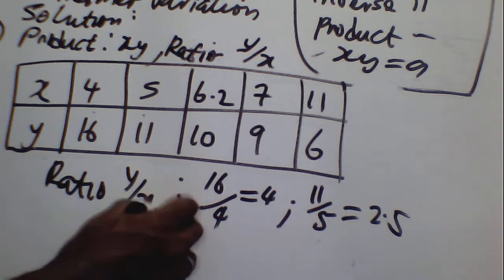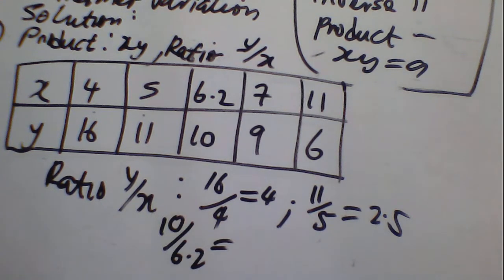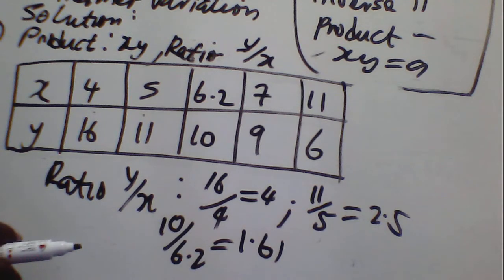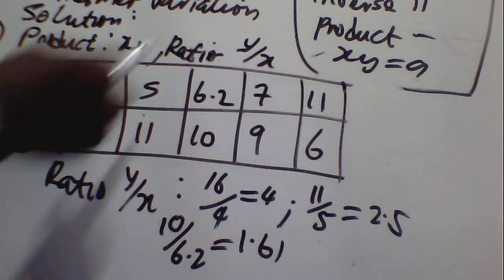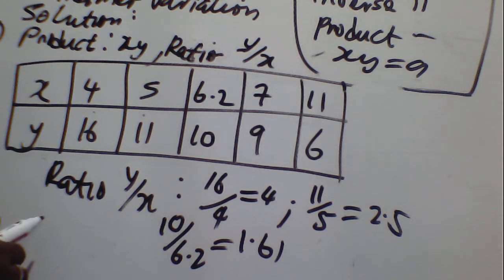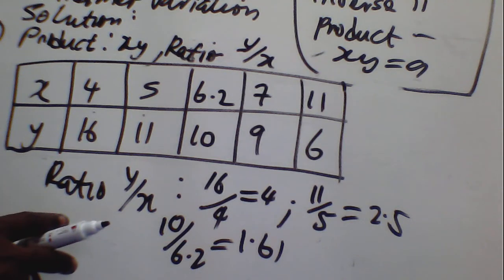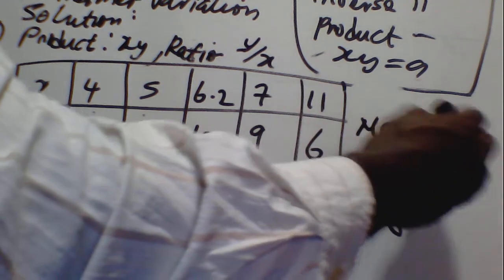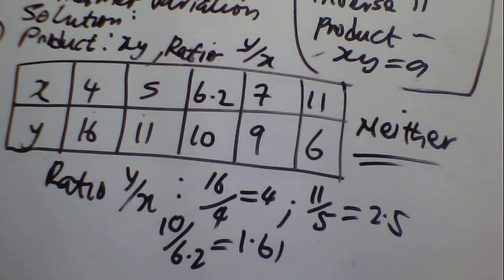You can try the third one, 10 over 6.2, which will give us 1.61. We tried the product, it doesn't work. We tried the ratio as well, it doesn't work. So we conclude that since it is not a direct and also not an inverse variation, the set of data is neither. So this is how you can quickly test a set of data pairs to justify whether it is an inverse, direct, or another variation.